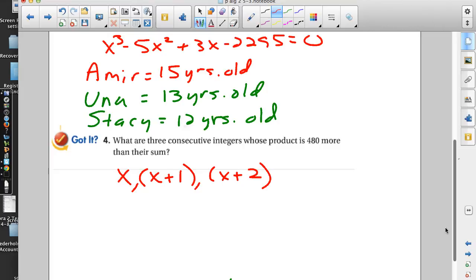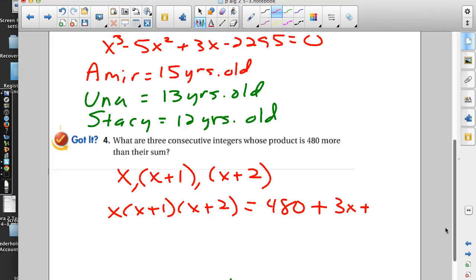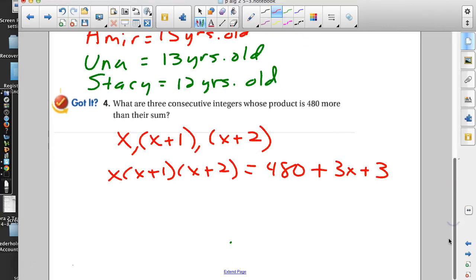The smallest one, the next one, and the one after that. So their product, we knew that was coming, x times x plus 1 times x plus 2 is 480 more than their sum. So we need to add these up again. x plus x is 3x, and 1 plus 2 is 3.